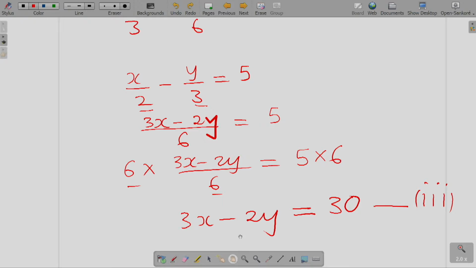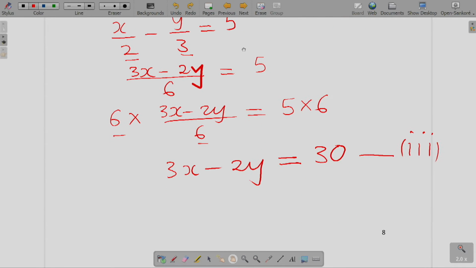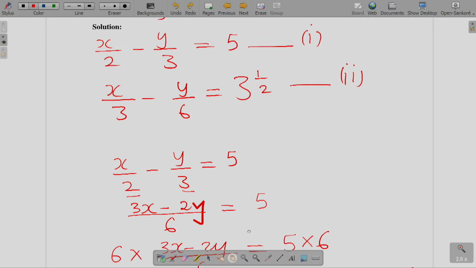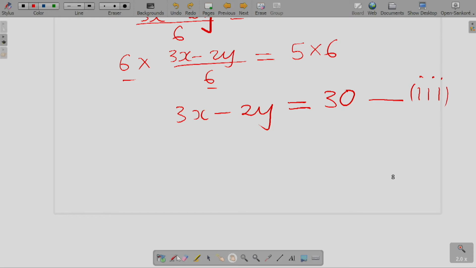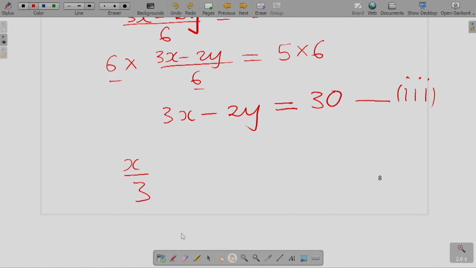Also, let's take equation number 2, which is x over 3 minus y over 6 equal to 3 out of 1 over 2.